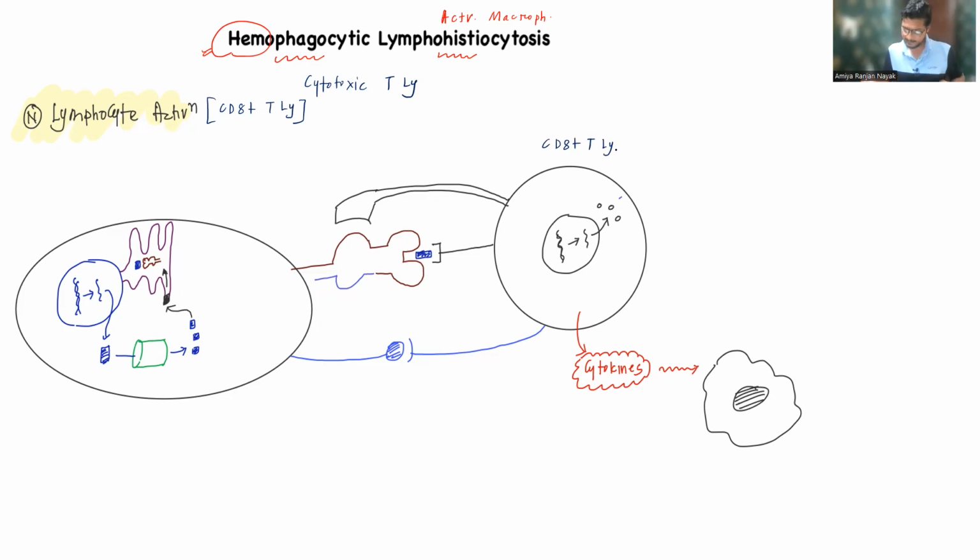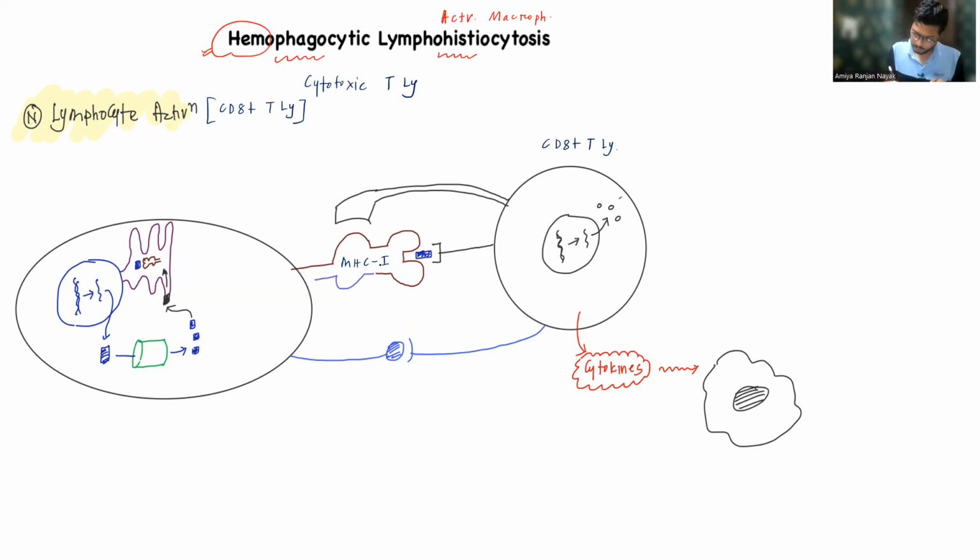As you can see here, this is the MHC class 1 molecule which is presenting an antigen, and this antigen is recognized by the CD8 plus cell. So the CD8 plus cell can only identify those antigens which are presented by MHC class 1 molecules.